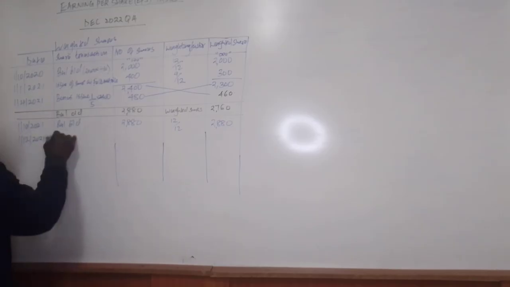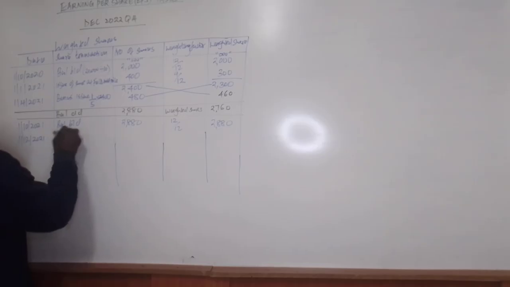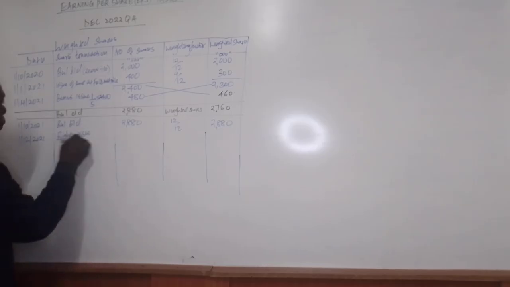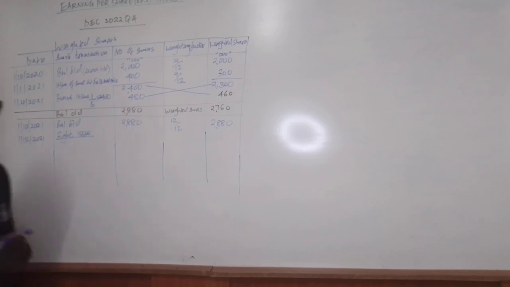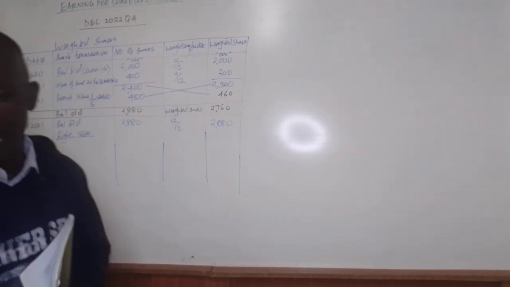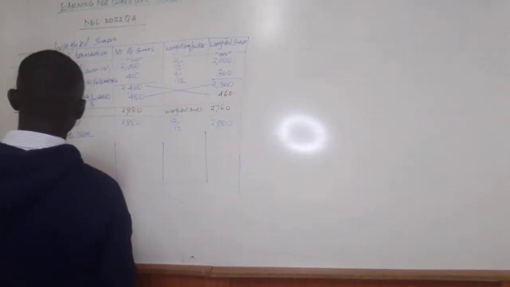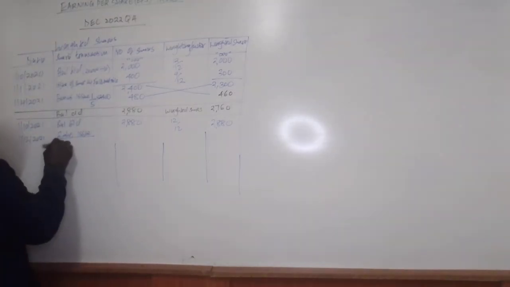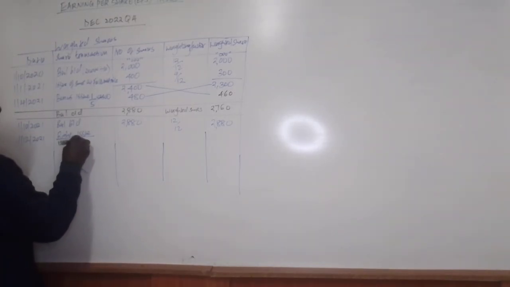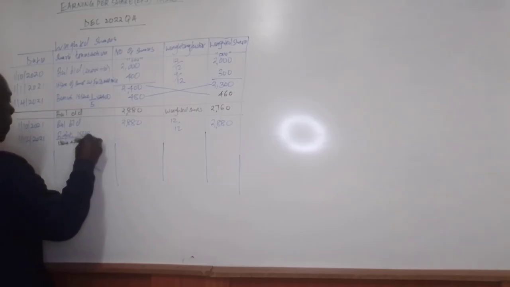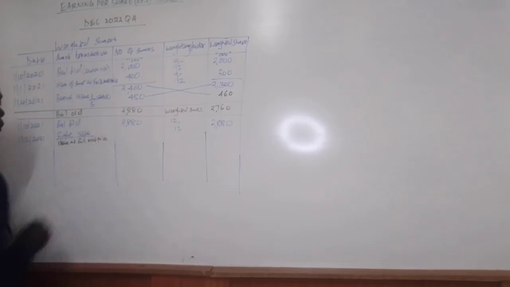We have what we call the right issue. So when we talk about the right issue, it will be categorized into two. We have those shares issued at full market price.